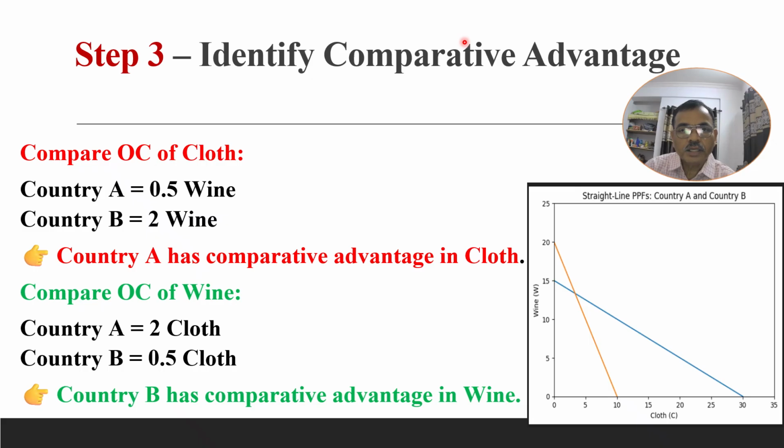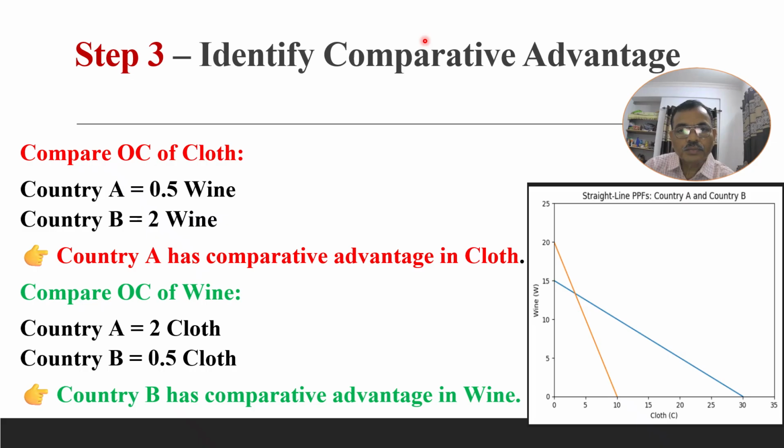Let us now understand this diagrammatically, carefully. First, look at this straight line. This is the production possibility frontier or PPF.